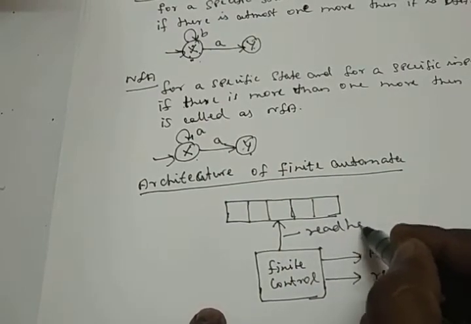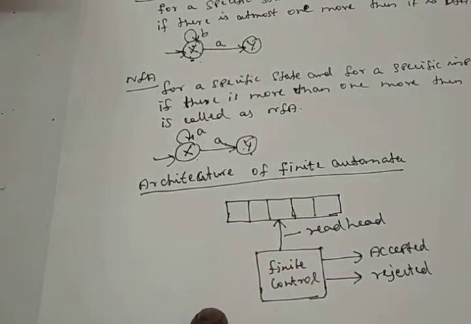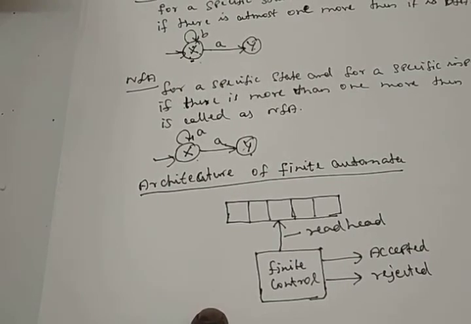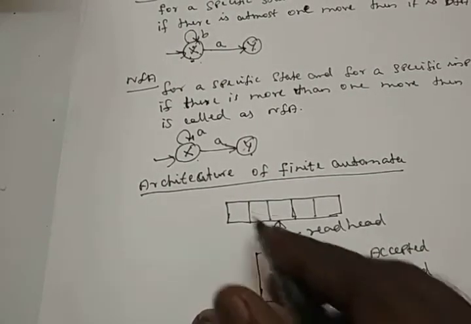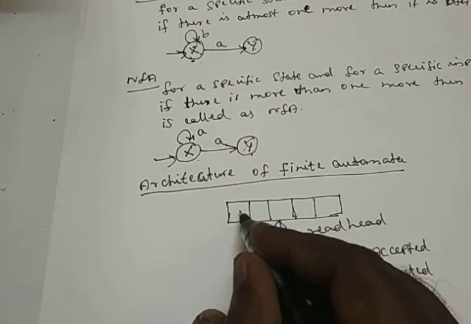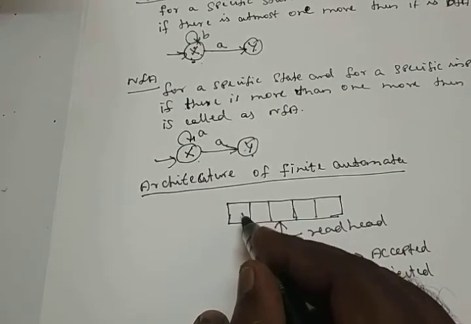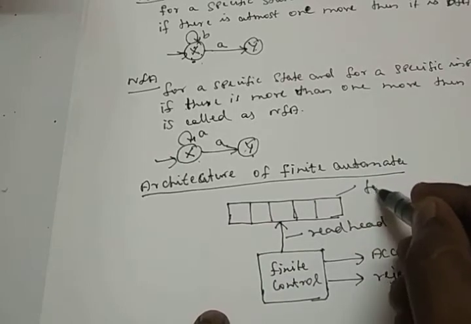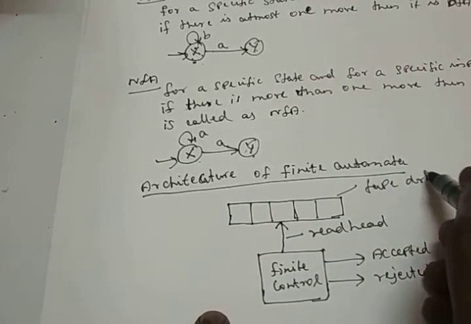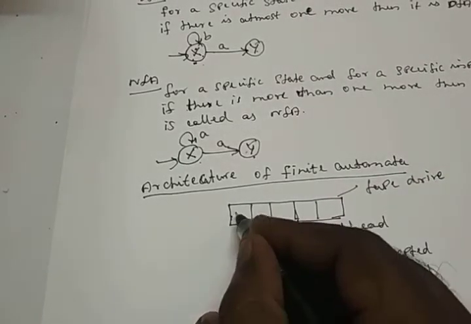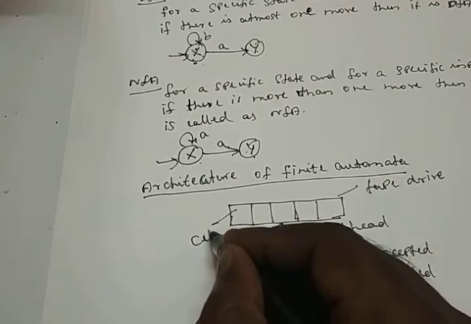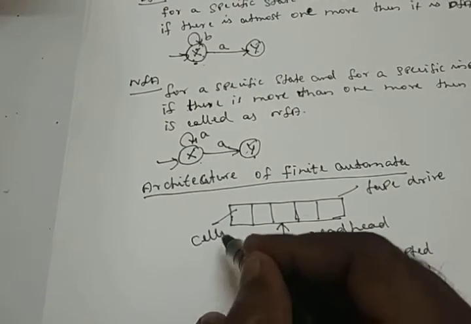A read head is capable of moving from left to right, so it reads one symbol at a time. The cells in the tape drive are called memory cells.